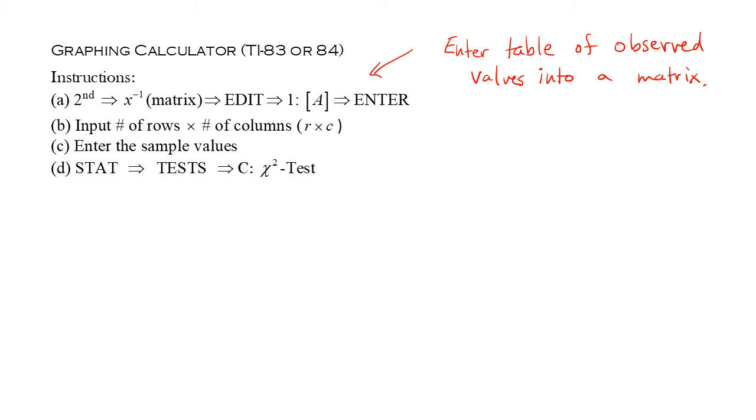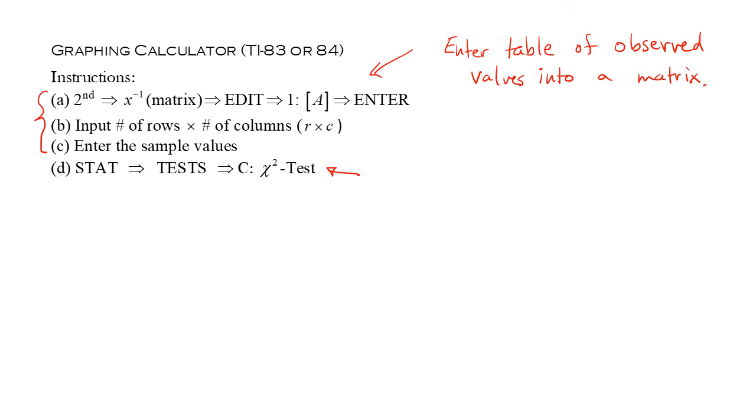So the first part is to just enter all those values into a matrix. We go to our matrix menu and then move over to edit, and then choose one of the matrices there that we want to enter the values into. Here they're just saying choose A, but you can choose any of those matrices that you have. And then we'll input the number of rows and columns into the size of the matrix, and then we'll enter all the observed values into each entry of that matrix.